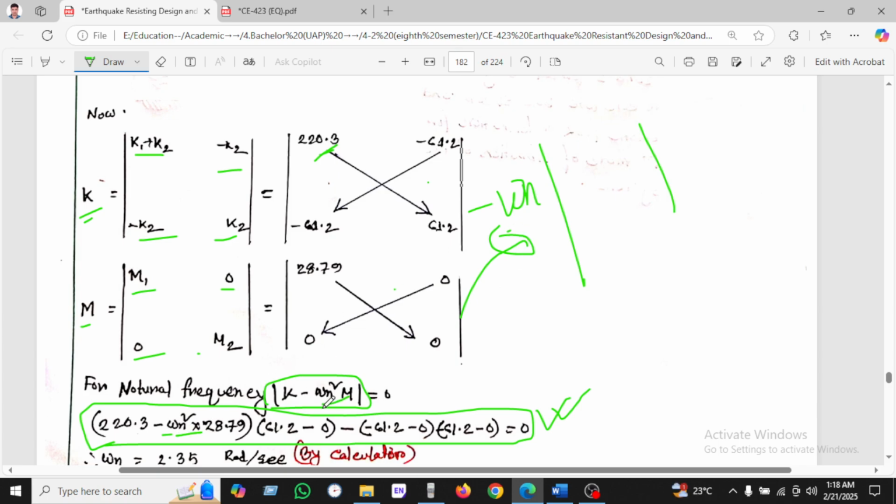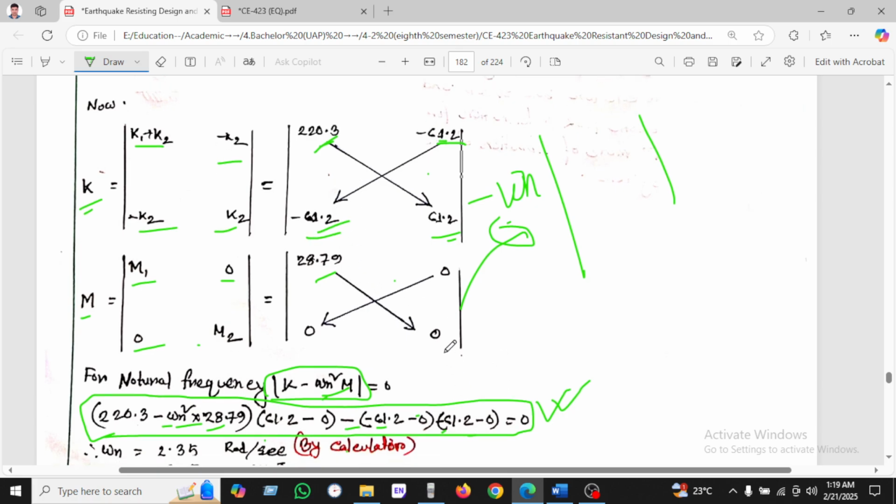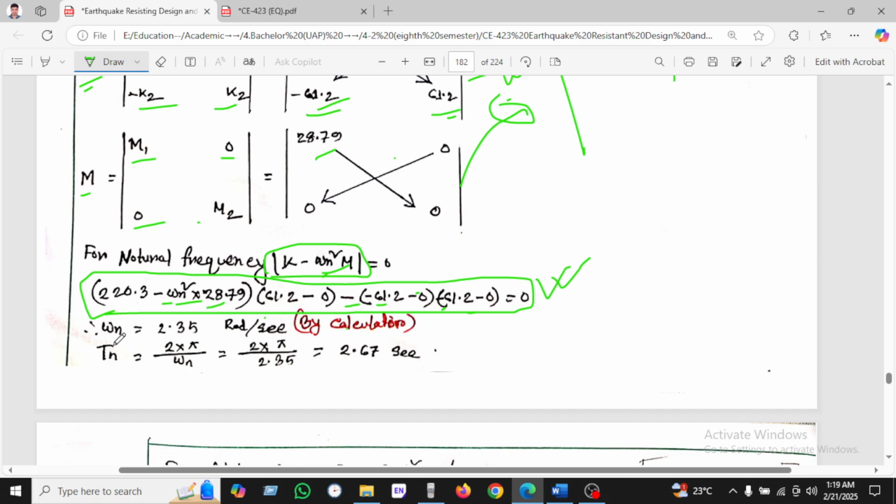As we have used minus omega squared into M. M is given as 28.9 into 61. We have 61 into 0, and minus 61. This is the minus 61 into 0, and minus 61. This is the minus 61 into 0.